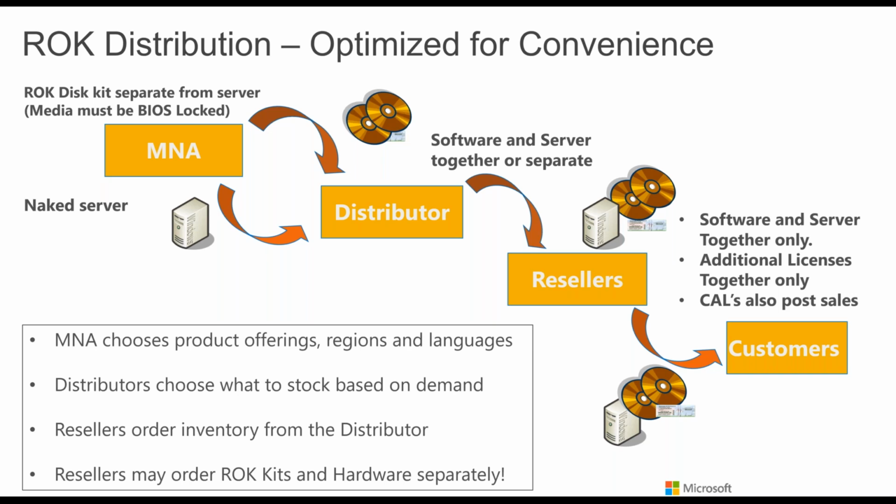So basically, the hardware and the software is not bundled yet. However, before arriving at the end customer, the distributor and reseller have to pre-install this license on the server hardware so that it is pre-installed and pre-tested, right?